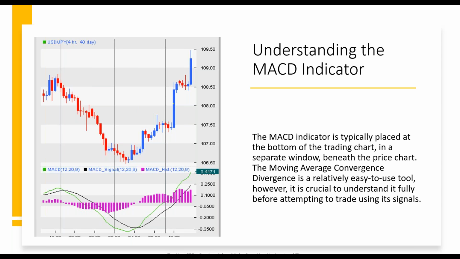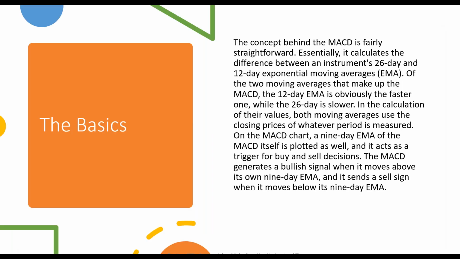The moving average convergence divergence tool is a relatively easy to use indicator, but it's crucially important to understand it fully before attempting to use its signals. This is a problem I find with most traders: somebody tells them about an indicator, and because today you don't have to do anything except click a button.